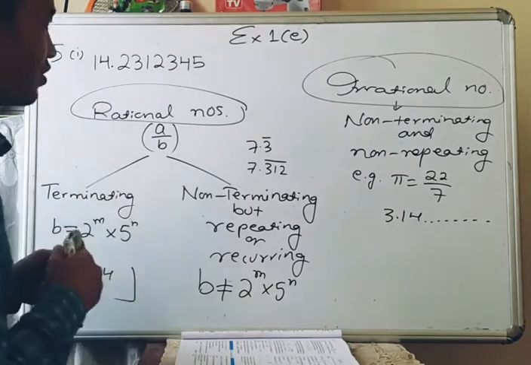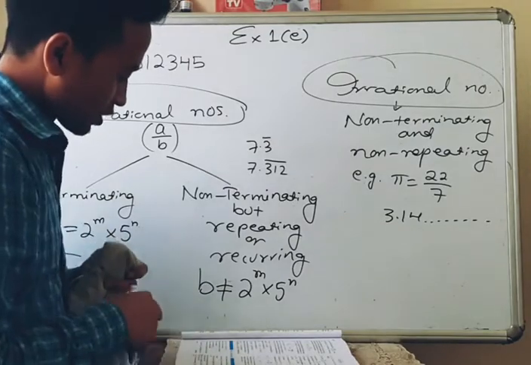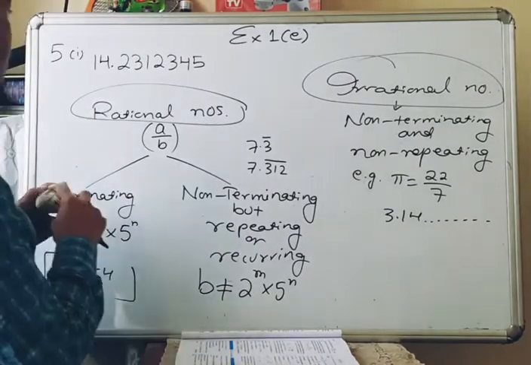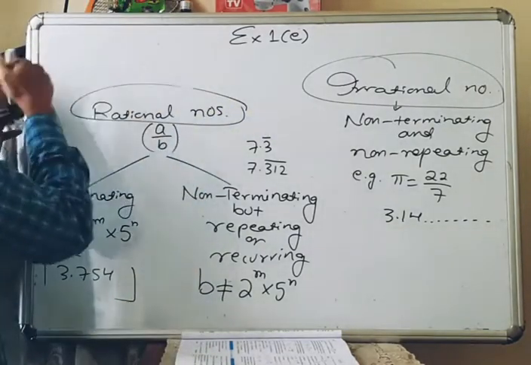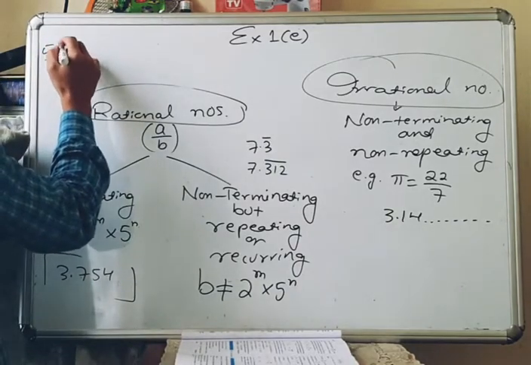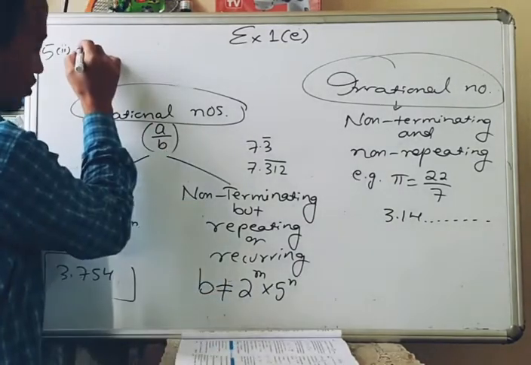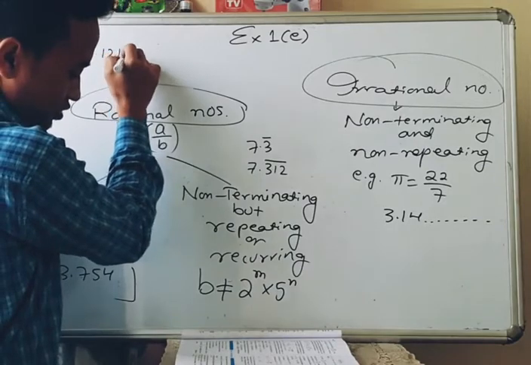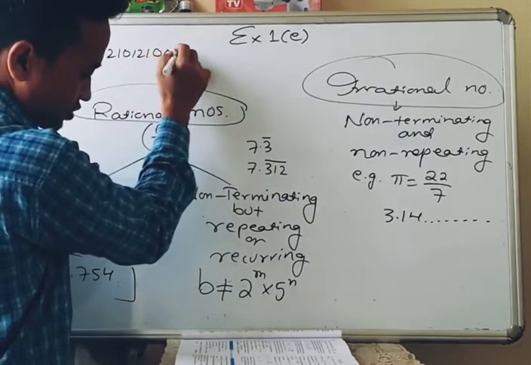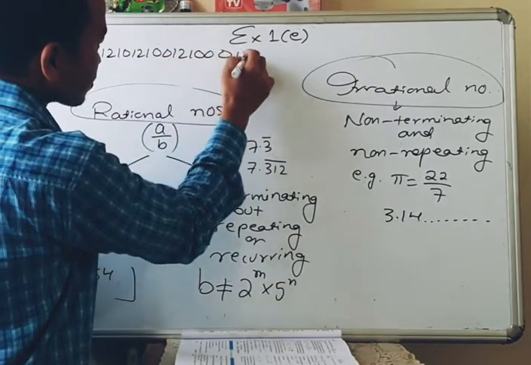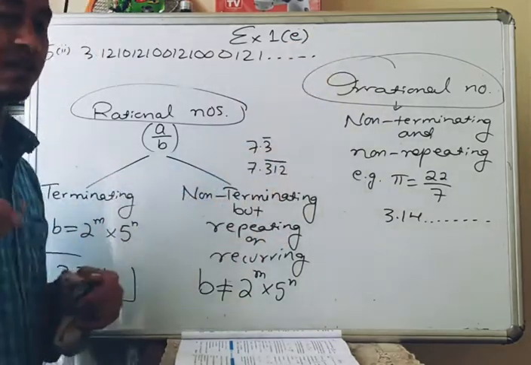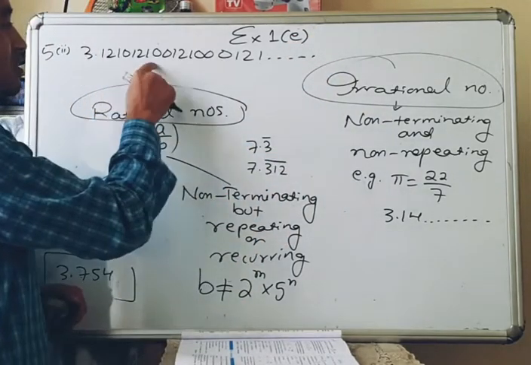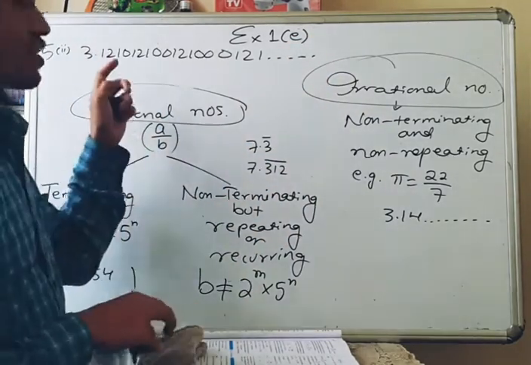What about number 2? As you can see, it is 3.1212121001210000121. As you can see, these digits are not repeating.